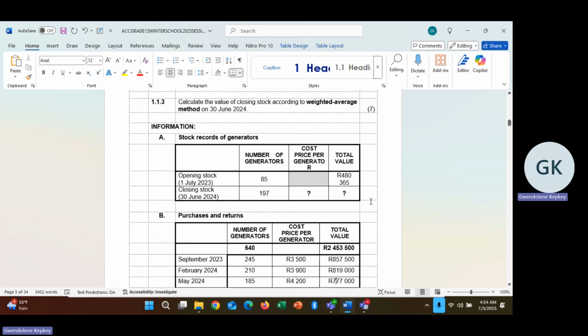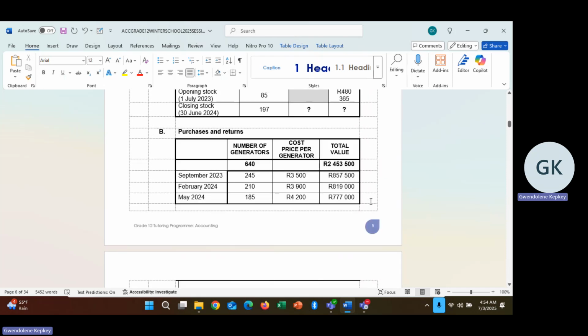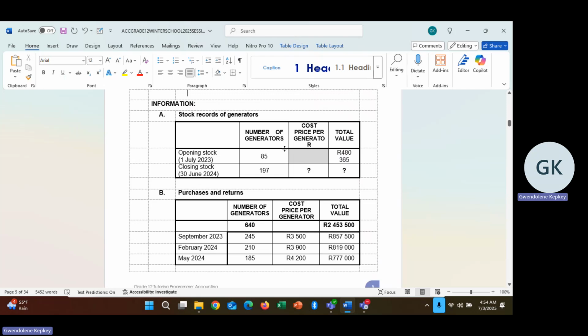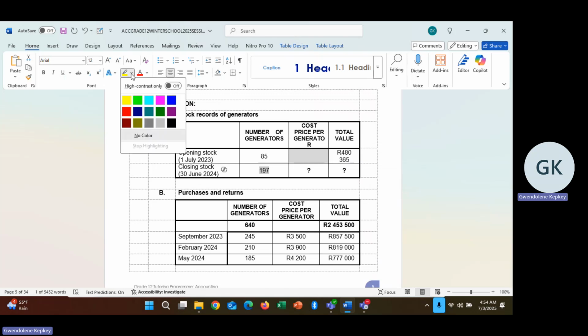So surely we are going to need our information. So what is the important information that we need to extract over here? Very important, we look at how many items I have left at the end of that financial year. I must now find out what is its value. So this is the number of generators, they're selling generators, but I need to find out what is its value.